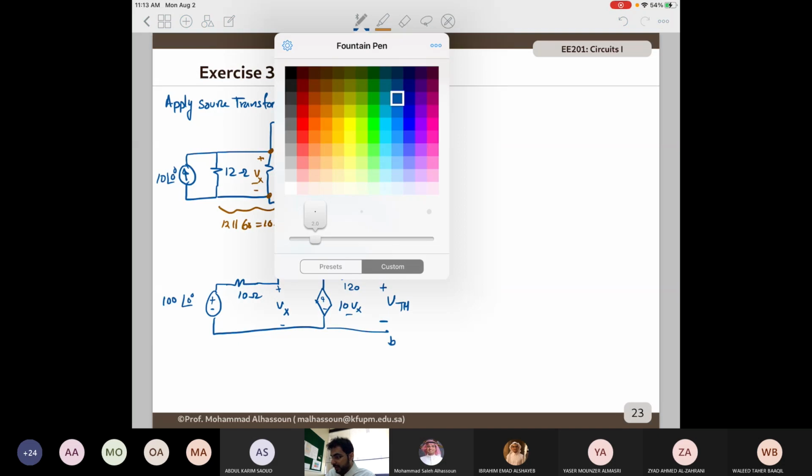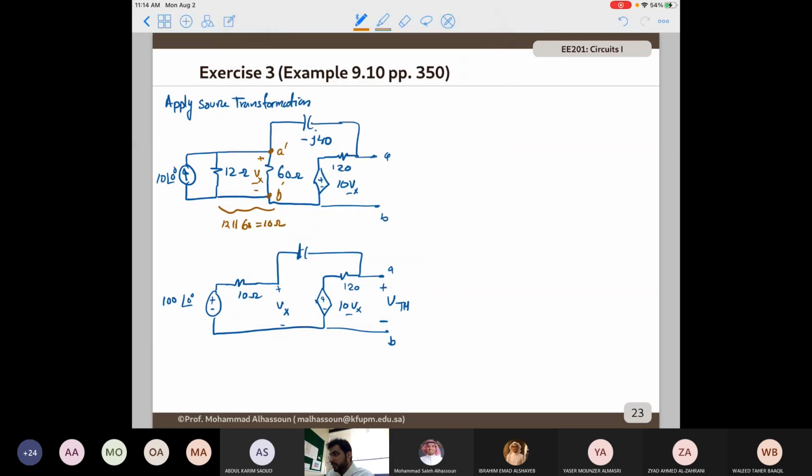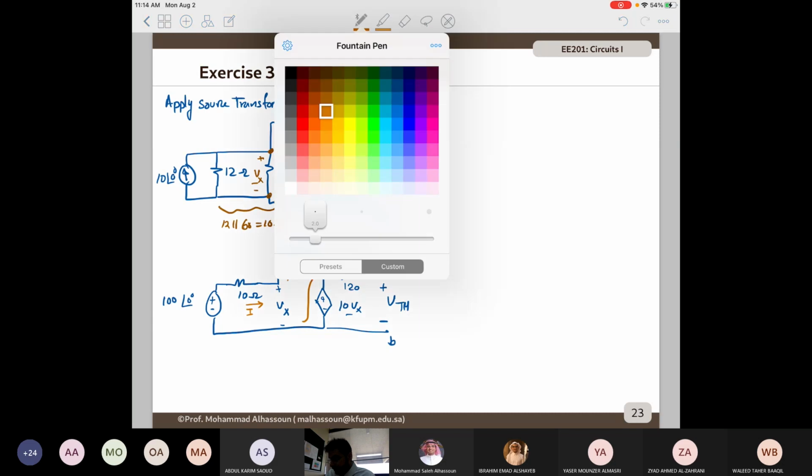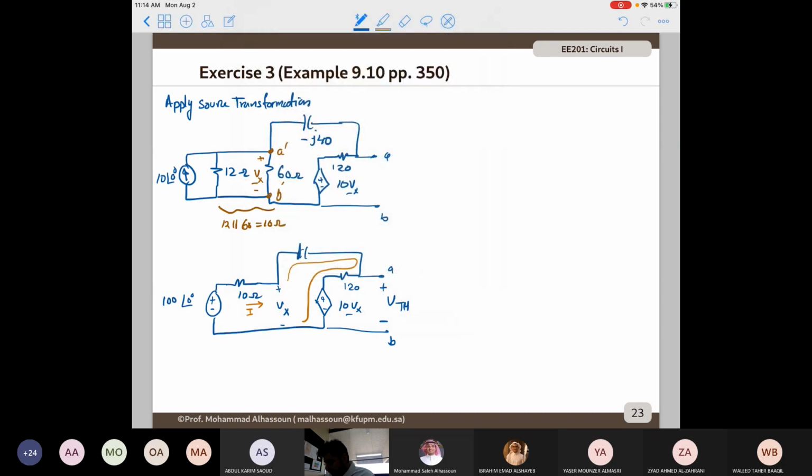If I'm assuming that this is the current I that originates from the source, then this current will travel in this direction and it will circulate here. So meaning that the Thevenin voltage is going to be 10 Vx plus 120 multiplied by I from KVL.